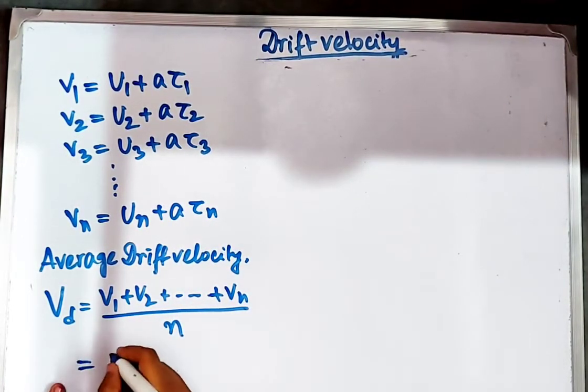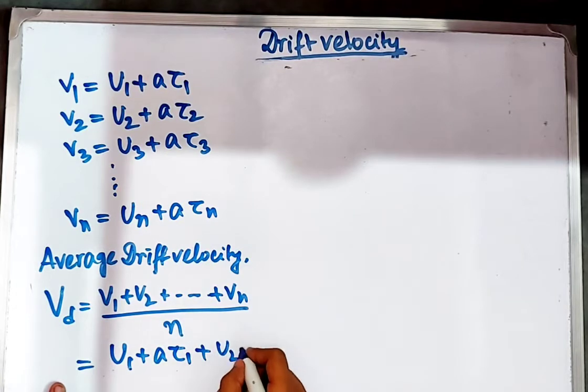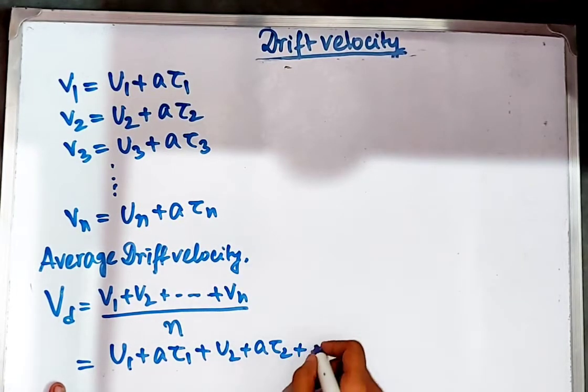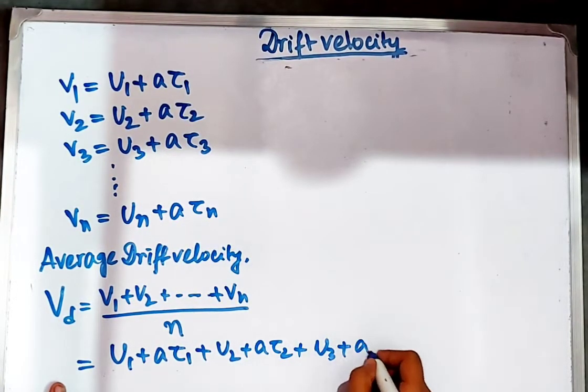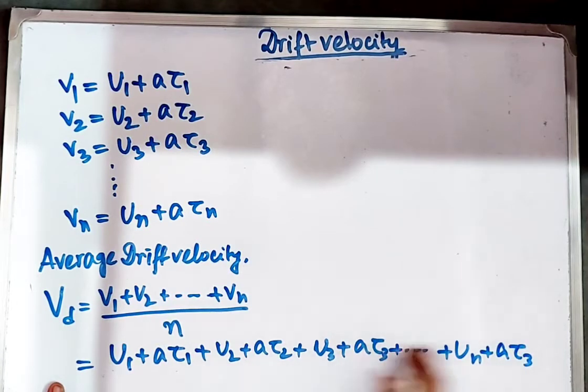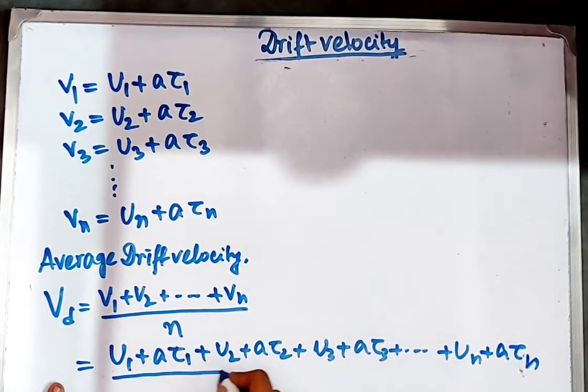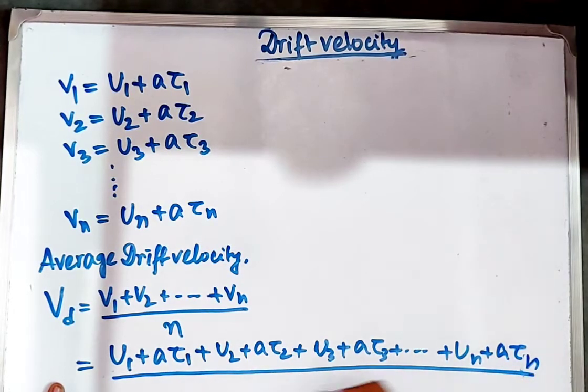So if we put the values, then u1 plus a tau 1 plus u2 plus a tau 2 plus u3 plus a tau 3 plus up to un plus a tau n, divided by n.